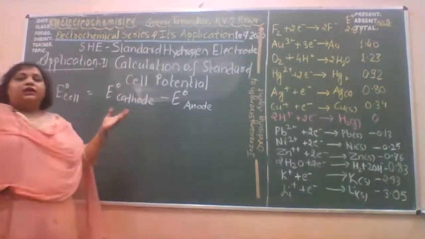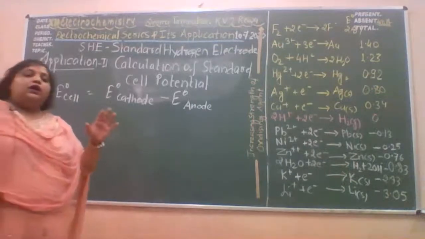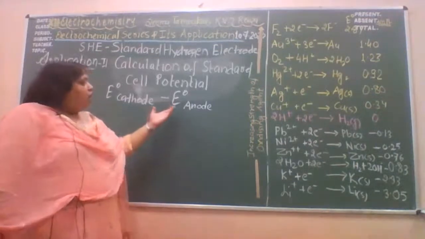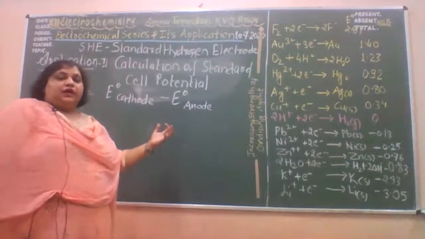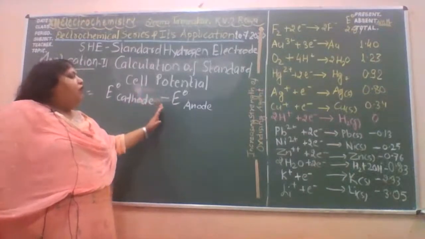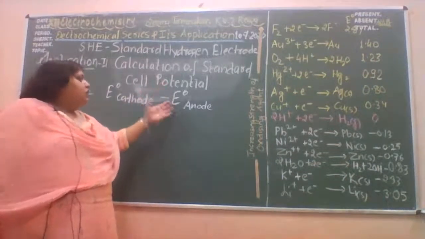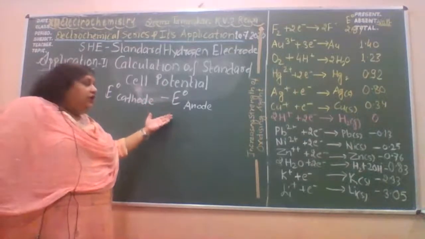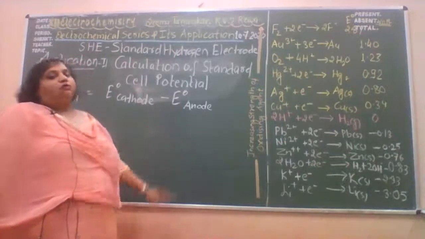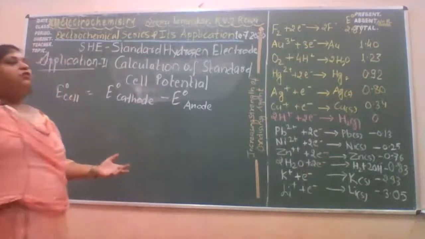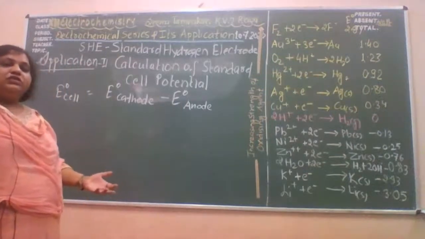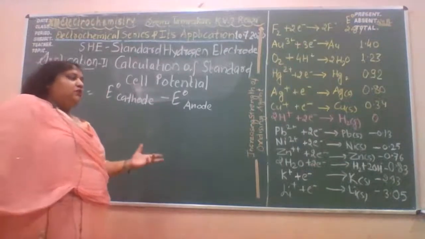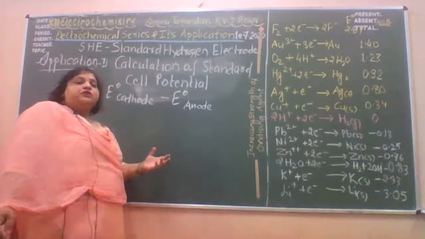Now, I'm again giving you one question. With the help of one example, I'm going to illustrate this. With the help of the electrochemical series, you can calculate the value of the EMF or cell potential of any cell. The two terms are there; I think you know the difference.